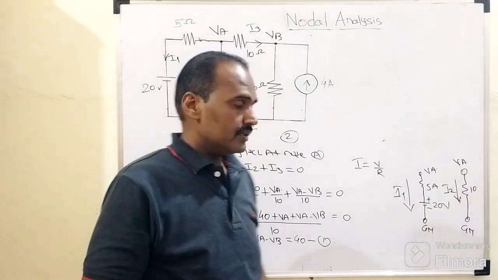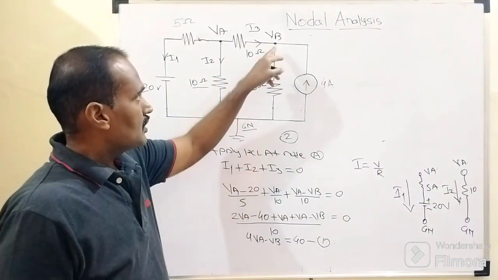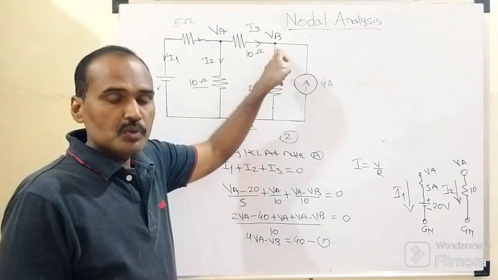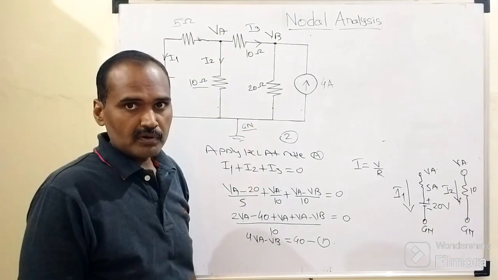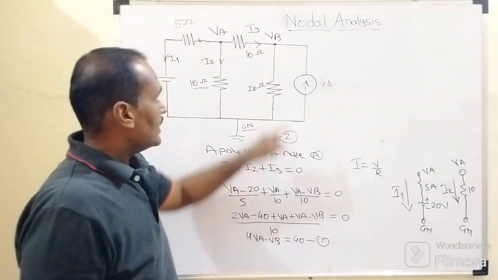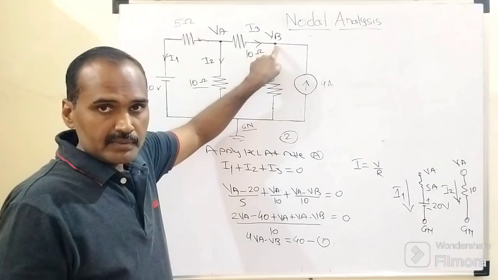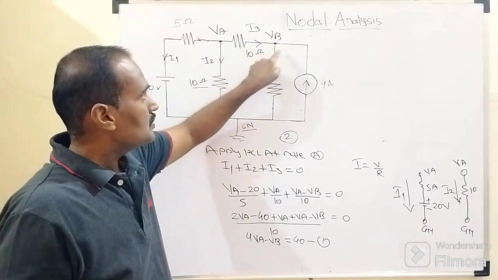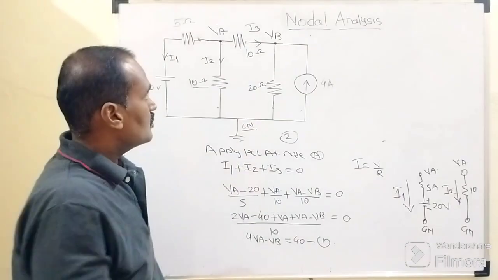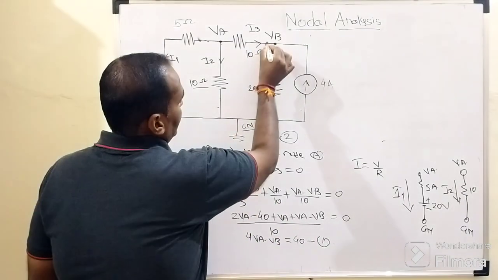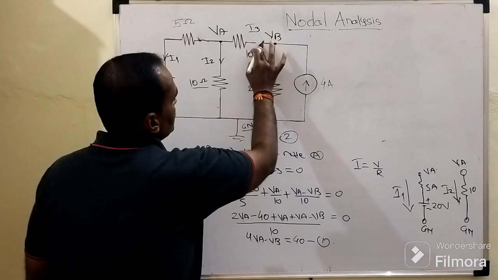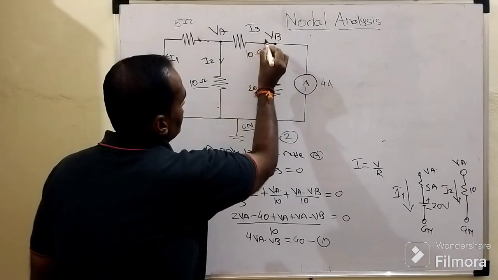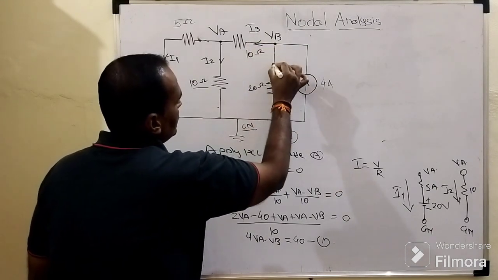So similarly, when we apply the Kirchhoff current law at this node number 2 whose potential is nothing but what? VB. At that time also we will come to know how many branches are interconnected to each other at this particular node. So again 1, 2 and 3, right? Now the direction of current flowing through this 10 ohm resistor can be considered as outgoing.